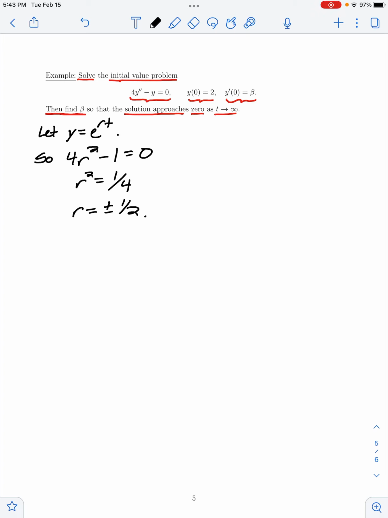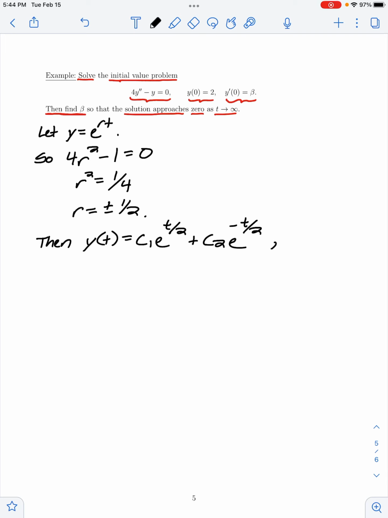So let's see how we can accomplish that. Once I have found my roots, and I see that they are two distinct real values, that means that my general solution, y of t, would be of the form c1 times e to the positive 1/2 times t plus c2 times e to the negative 1/2 times t.